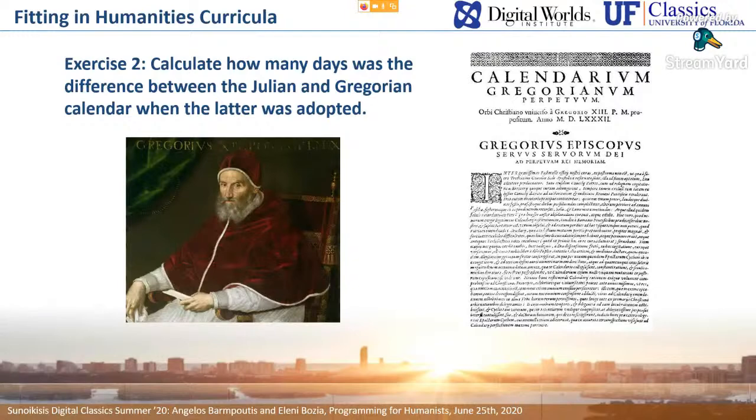Now, another example, and we thought that this would fit in humanities curricula in a different way. It shows the coexistence of humanities and sciences, but the science here is not computer science, since the text itself involves astronomy. So how do we calculate how many days was the difference between the Julian and the Gregorian calendar when the latter was adopted?